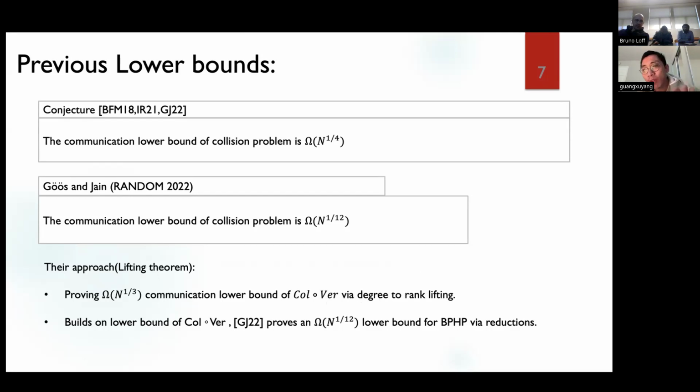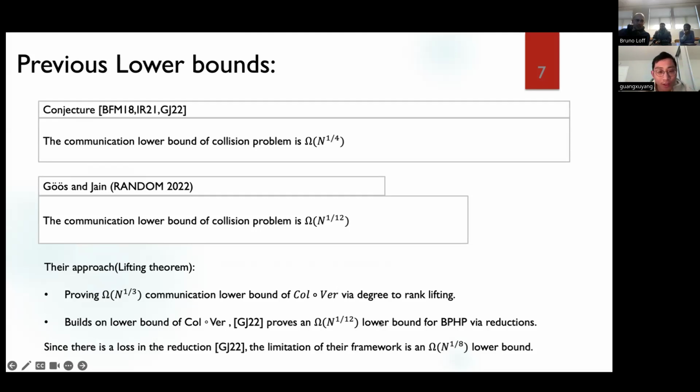I think it is some gadget, a kind of gadget, and this gadget has an AND or OR gate, something like that. And using this kind of function, they prove the weak lower bound.